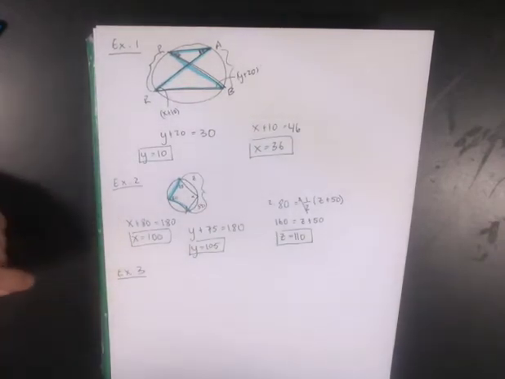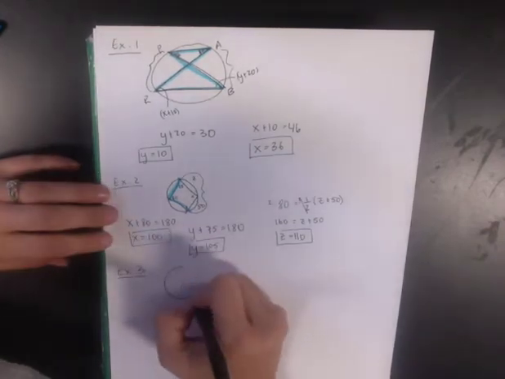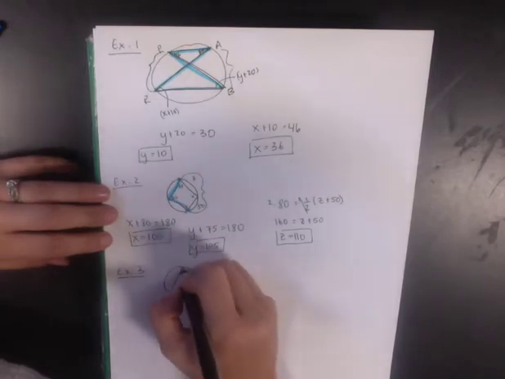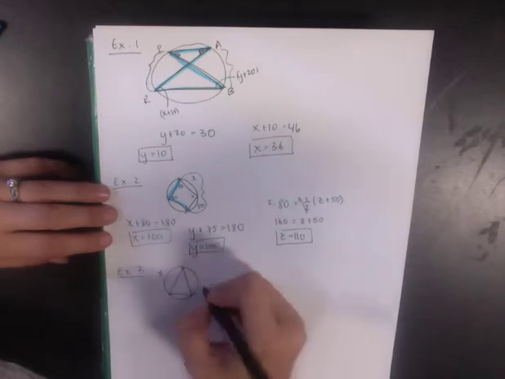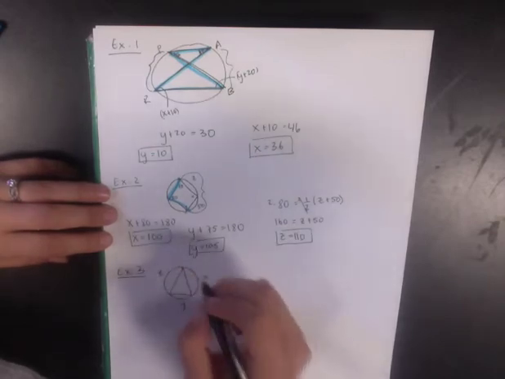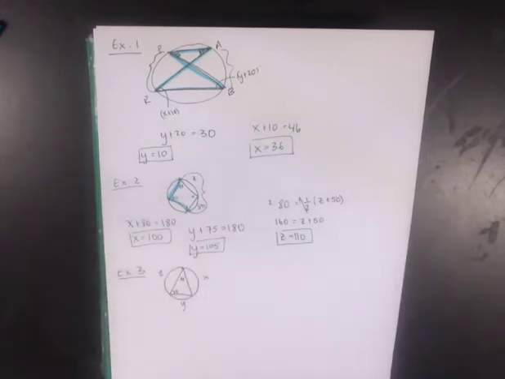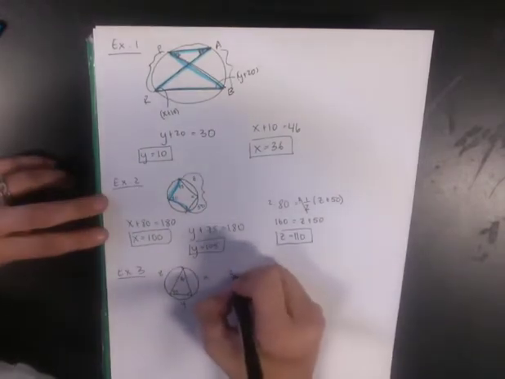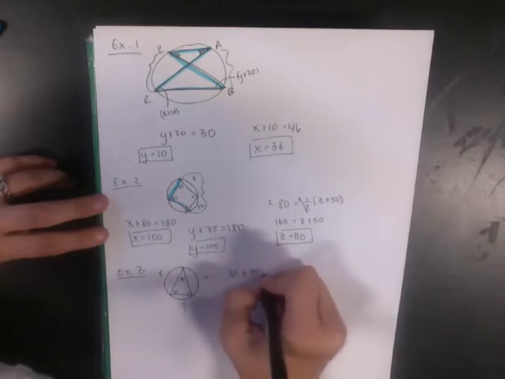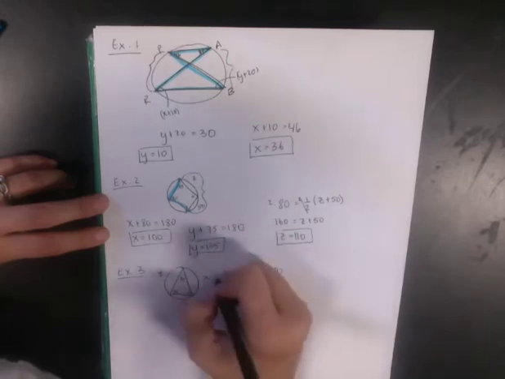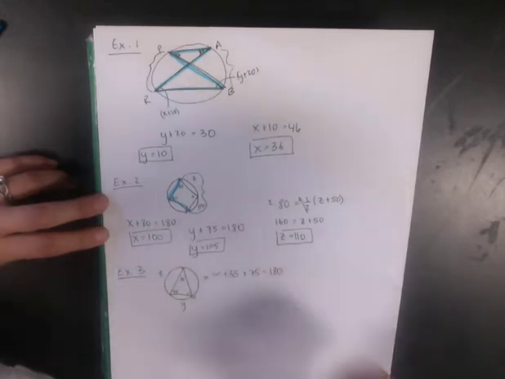Example 3. We have this circle. We have z, x, y, 35, and 75. The first thing I want to do is find this little angle over here. I know that 35 plus 75 plus, let's call it w, is 180.